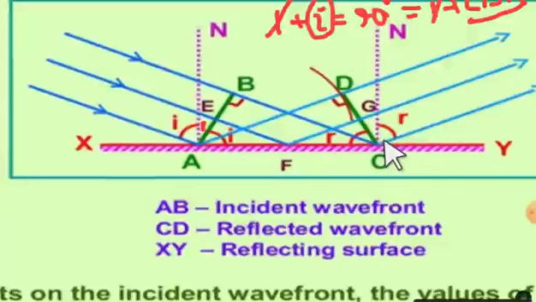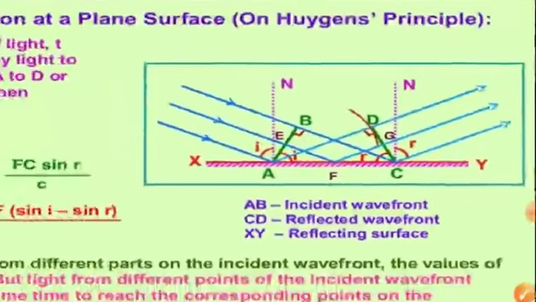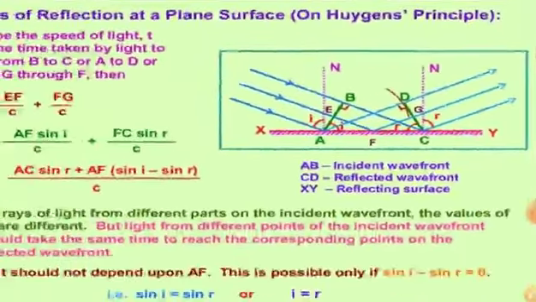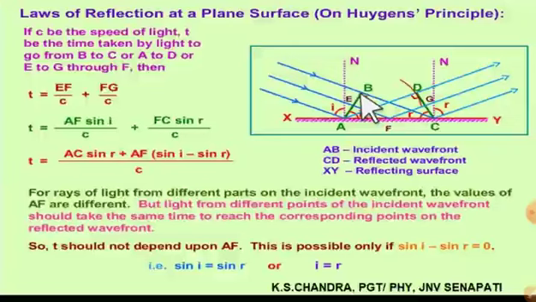Now in order to prove these laws of reflection, angle of incidence is equal to angle of reflection, we need to take the time for the light wave to reach from this point B to C. During that time, from point A on this wavefront, the light should reach the point D on the reflected wavefront.